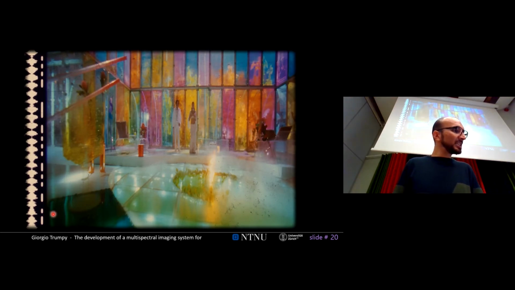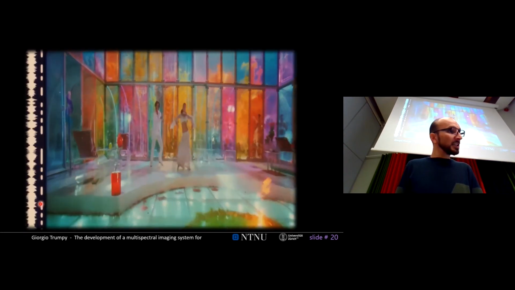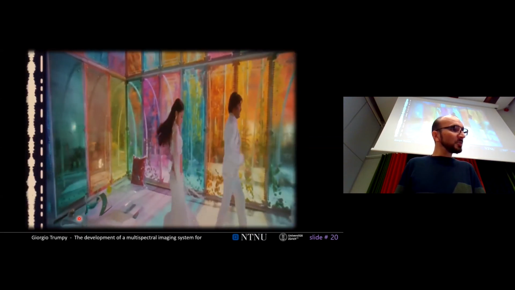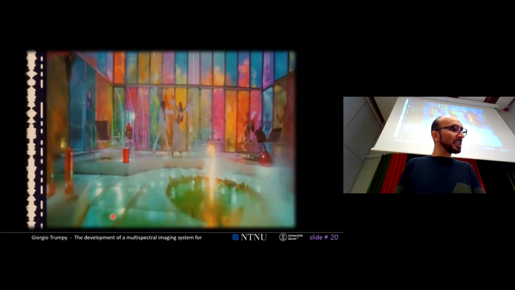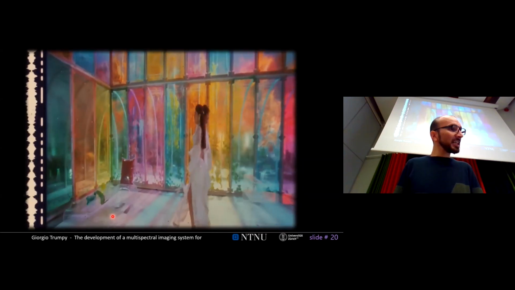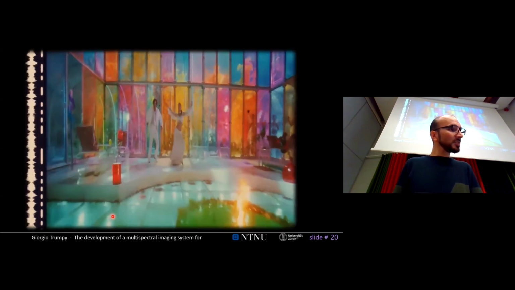For example, here I'm just flickering between high color separation and low color separation.